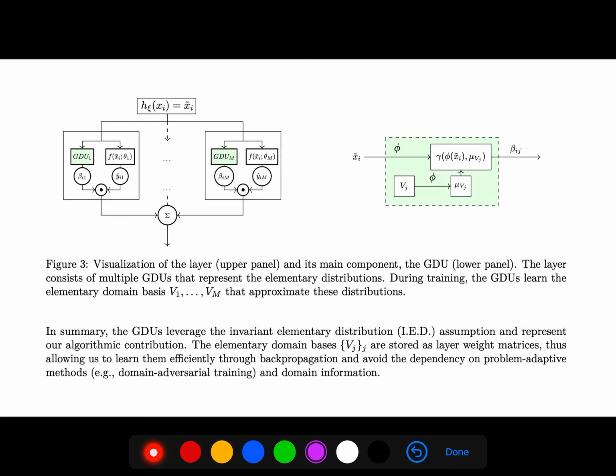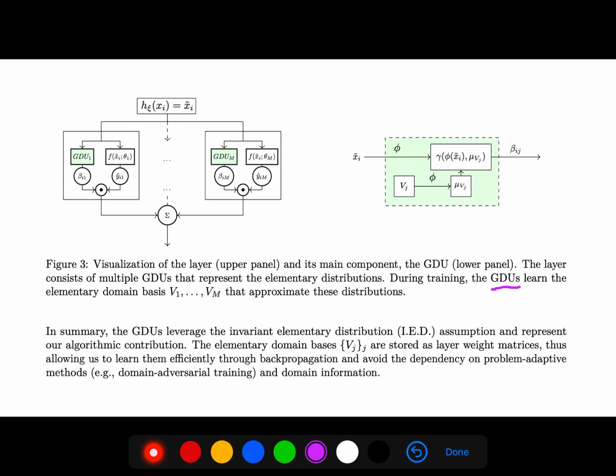The GDU, which is the lower panel, the layer consists of multiple GDUs that represent elementary distributions. During the training, the GDUs learn the elementary domain bases V1 till V sub m that approximate these distributions. In summary, the GDUs leverage the invariant elementary distributions assumption and represent our algorithmic contribution.